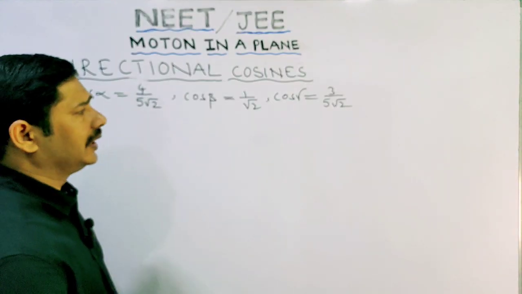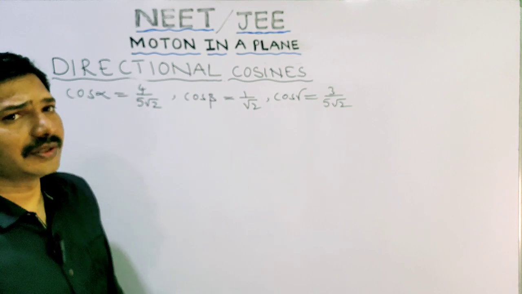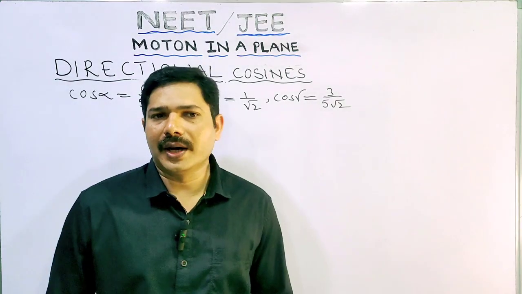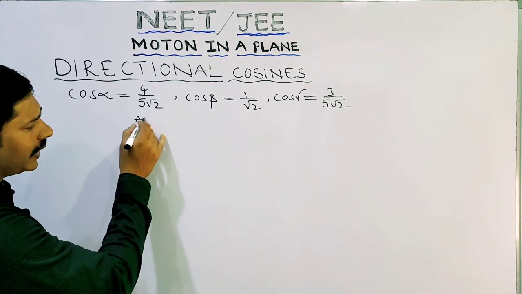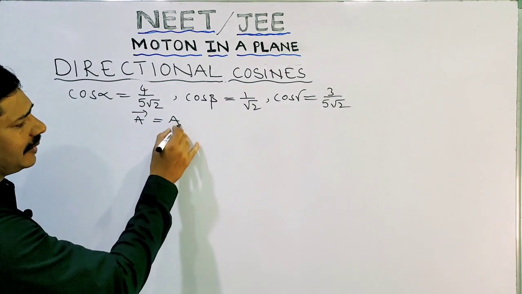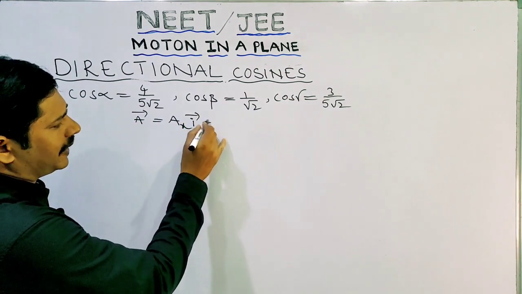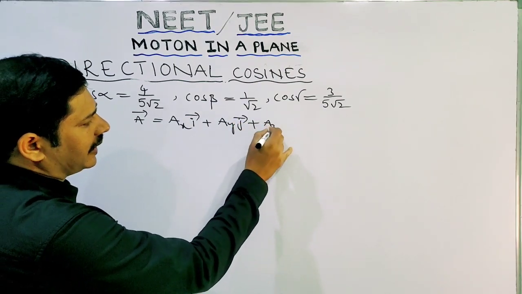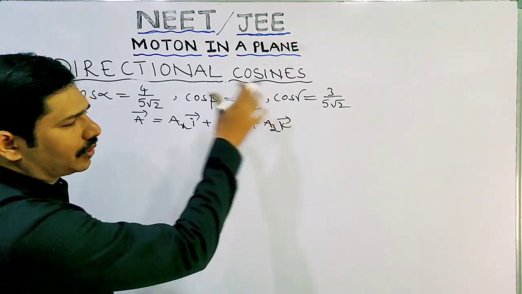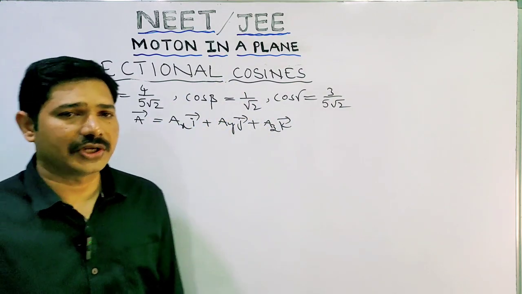So the vector form, we know what the vector form is. Vector a bar equal to ax i bar plus ay j bar plus az k bar. So in this form we have to bring these directional cosines.